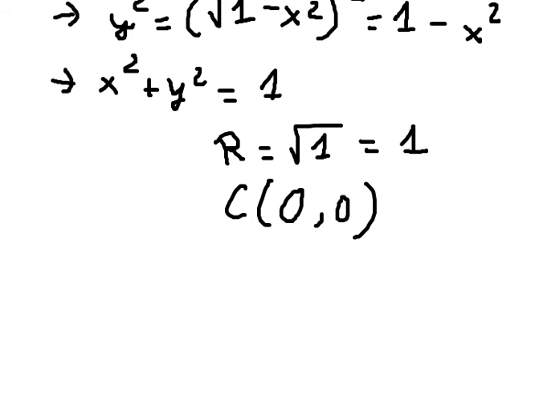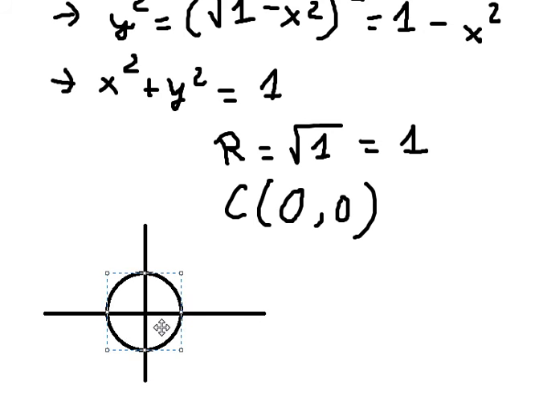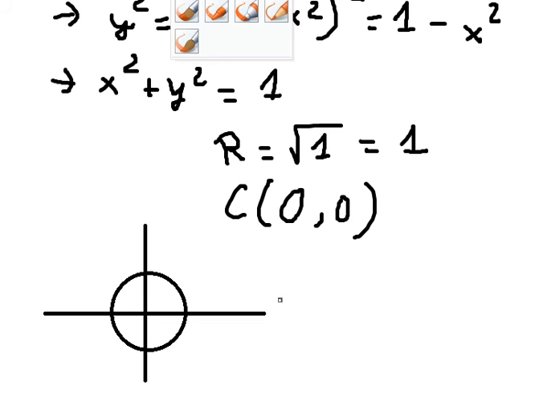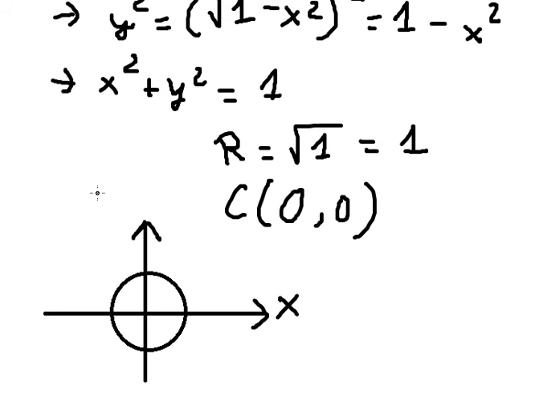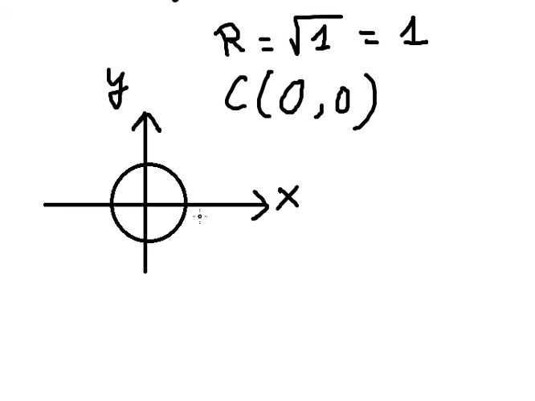So the graph should be like this. So we have 1, 1. This is negative 1, negative 1.